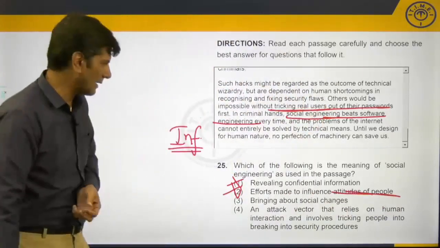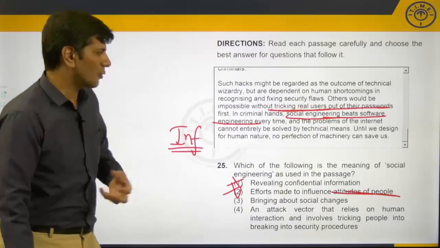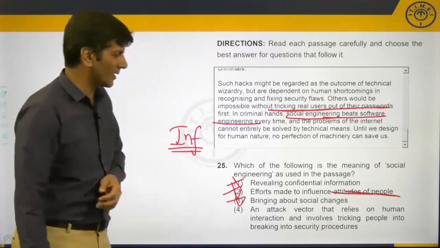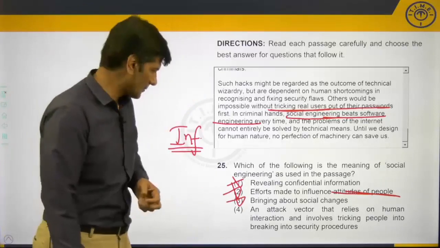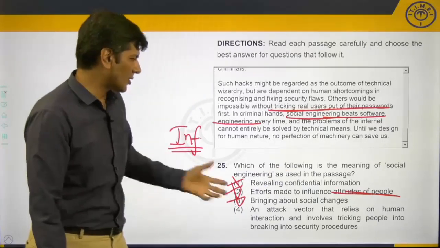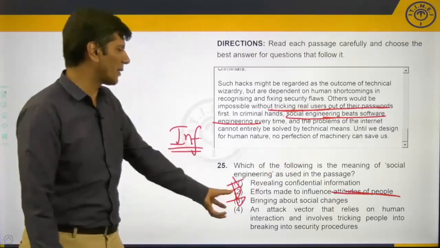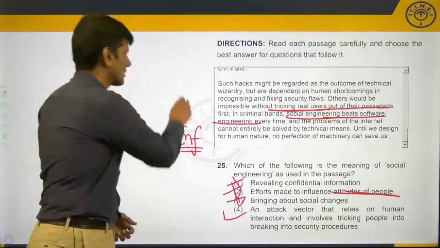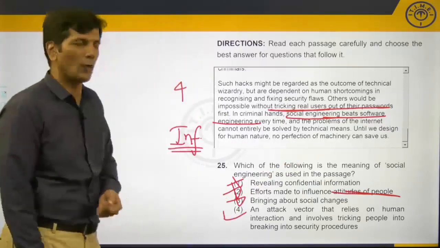Bringing about social changes is completely incorrect. We are not really looking at bringing social changes in this particular passage. An attack vector that relies on human interaction and involves tricking people into breaking security procedures, yes, a perfect fit. So your answer to this question is answer option 4.